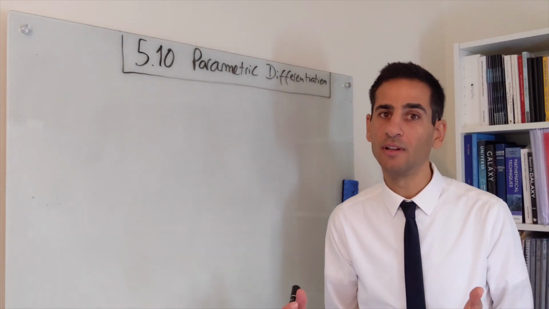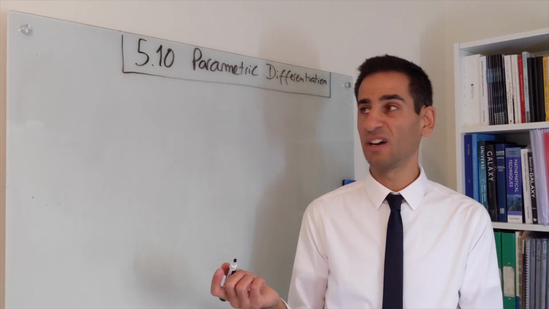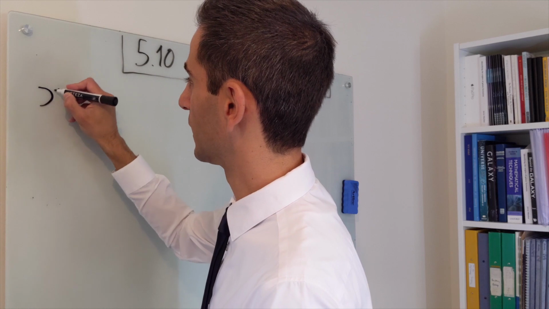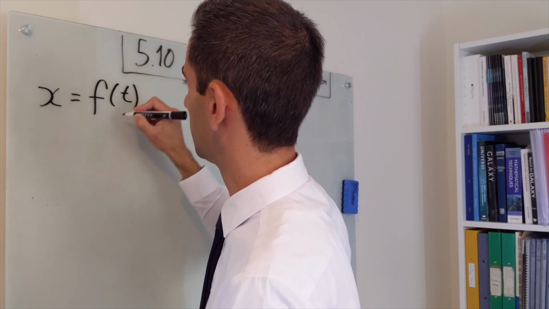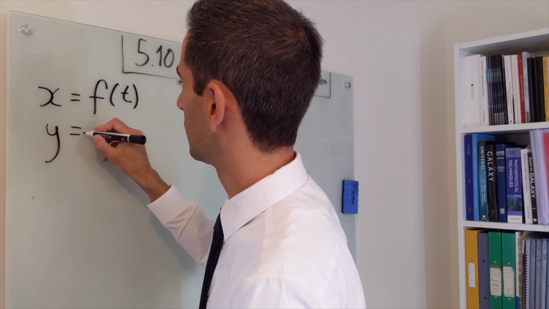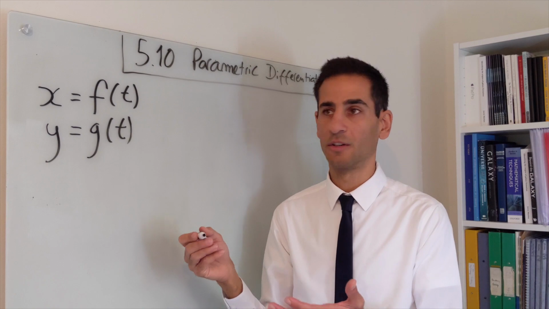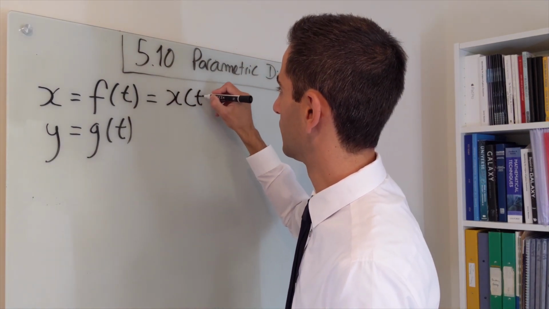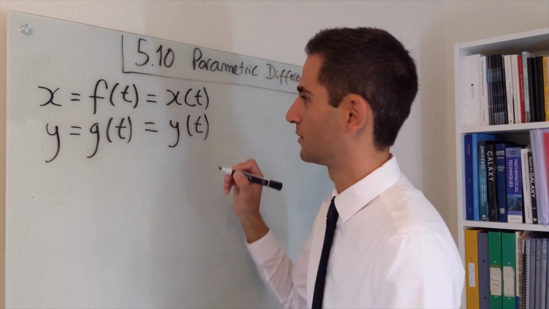A practical example could be looking at positions x and y as a function of time, which in a parametric function would be written like x equals some function of time and y some other function of time. Or you can also write that in this case x would be a function of time and y also a function of time.